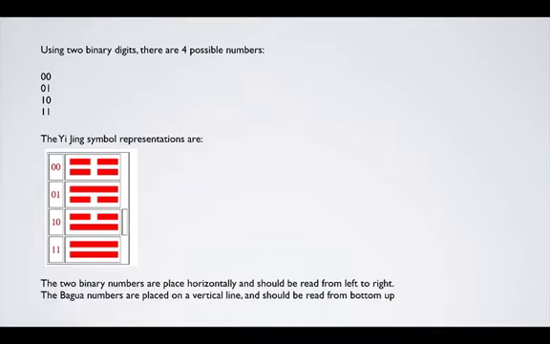But we also need to point out that the binary numbers are read left to right, but the BaGua numbers are read bottom to top. So if you read from bottom to top, it'll make a lot more sense. And even if you've used the I Ching, if you've read hexagrams, you've looked at trigrams, you know that you start from the bottom and go to the top.